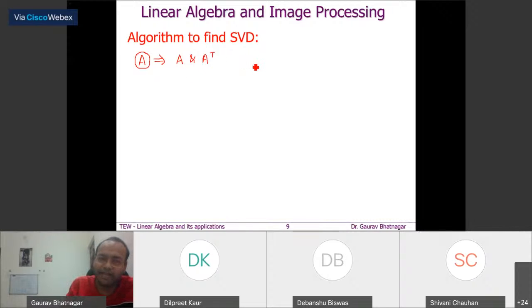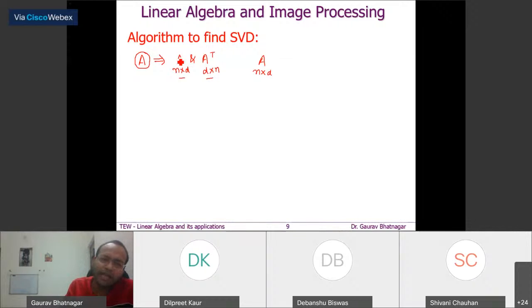So let me take a very simple example of a matrix A of size n cross D, and in that case, I am going to have a matrix n cross D and a matrix A transpose D cross n. Now, if you clearly look at these two matrices, these are compatible with respect to matrix multiplication.